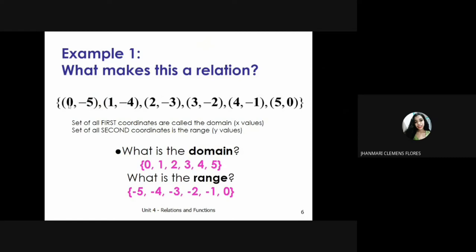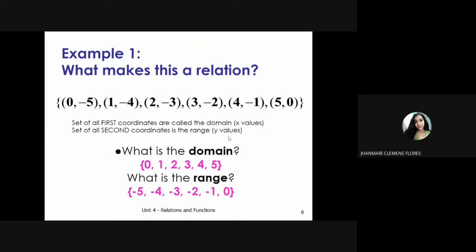So this is 0, 1, 2, 3, 4, then 5. Those are the domain, also known as your x coordinates. Then what is the range? We have -5, -4, -3, -2, -1, 0. These are the range. These are your y coordinates.